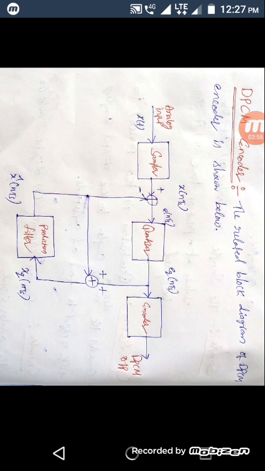Discrete means it will divide the total pulses into equal intervals, and then it will be converted to digital form under two states, either high state or low state. High state indicates 1 and low state indicates 0. By using the quantizer, it converts the information from discrete to digital.